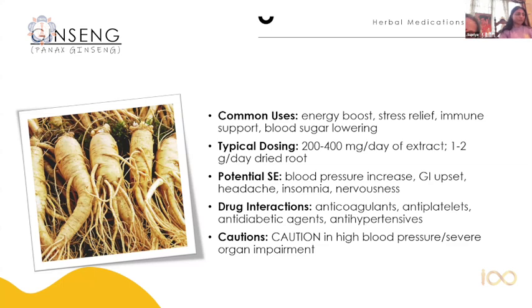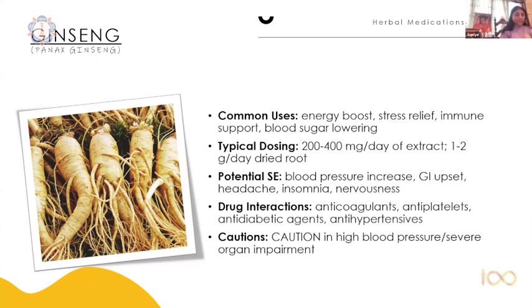It can increase your blood pressure. Of course, it can cause GI upset because it's kind of activating. It can cause insomnia, a nervous feeling, and also cause headaches. So if you're on any sort of medication that would increase your bleeding risk, be careful using this one. If you're on an antihypertensive, so anything to lower blood pressure, be careful because it can increase your blood pressure.